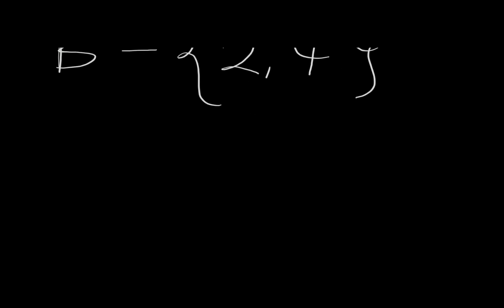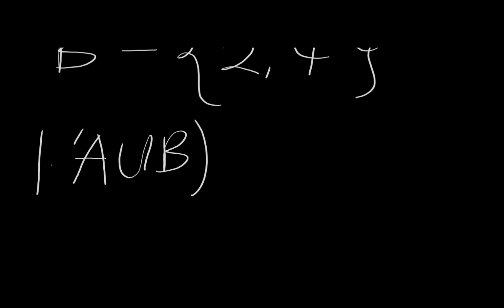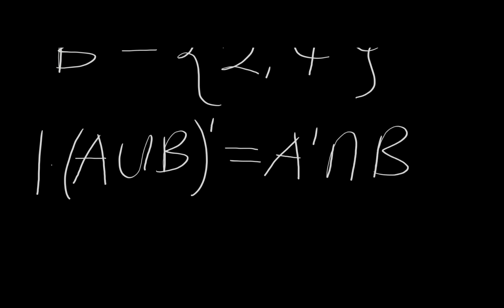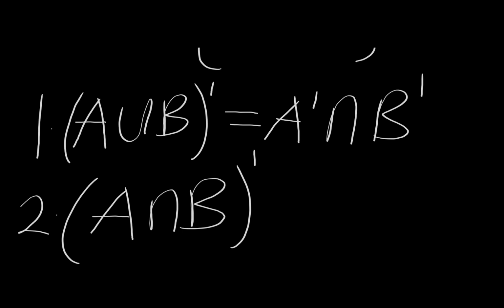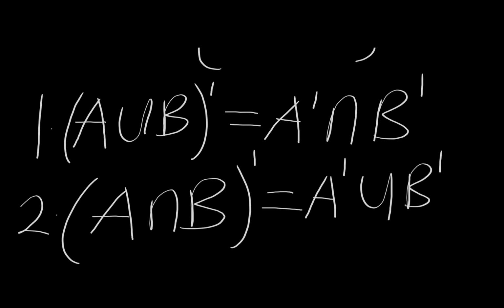Now, show that 1, (A union B)' is equal to A' intersection B'. 2, show that (A intersection B)' is equal to A' union B'.